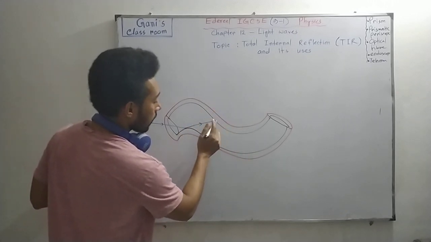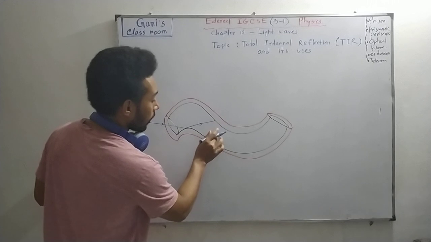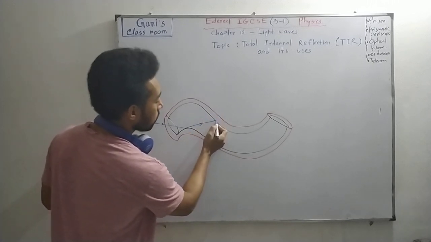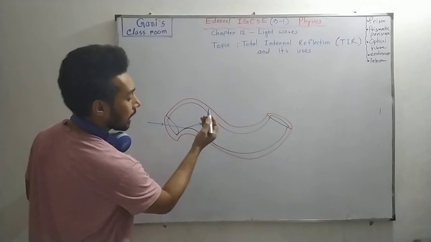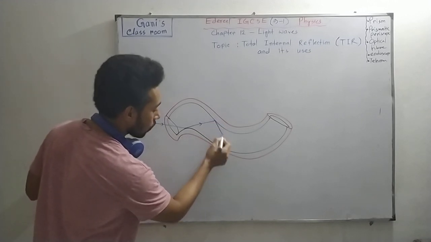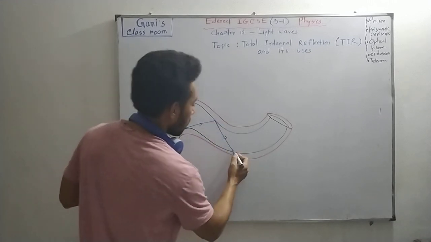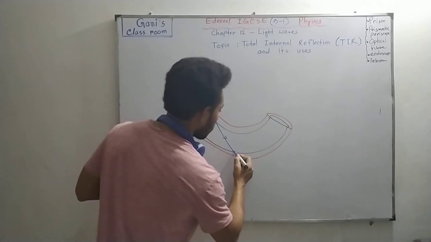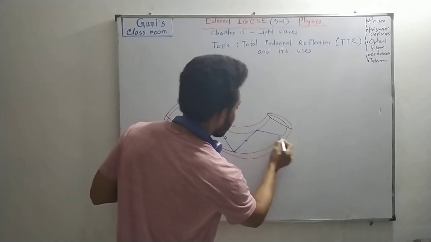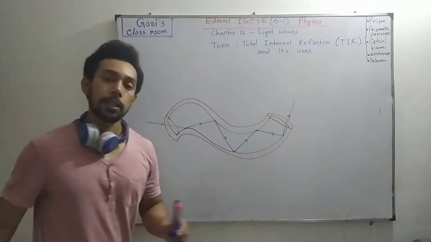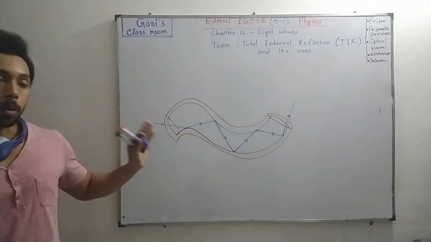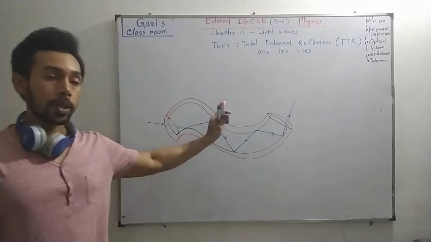Again, when it travels from the more dense to the less dense medium, it strikes the boundary with an angle greater than the critical angle, so again it is totally internally reflected. This happens repeatedly until the light emerges from the other end. This is how an optical fiber works.